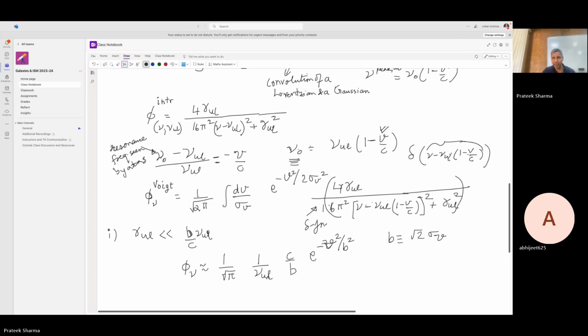So v is equal to nu minus nu UL, times c by nu UL.